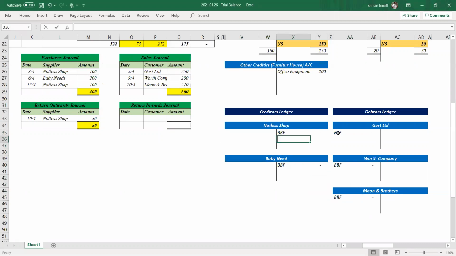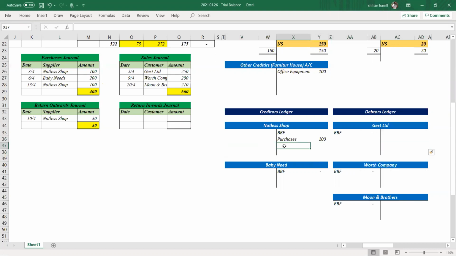In purchases, Not Plus Shop 100, and there is another purchase 100.